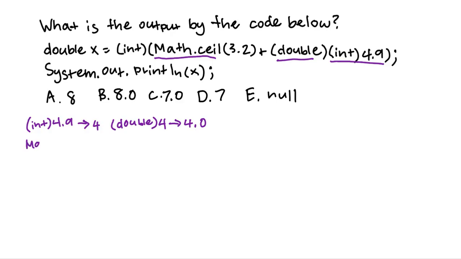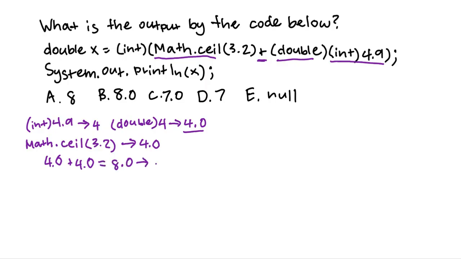So when we have math.ceil 3.2, this gives us 4.0 as a double since we rounded up. Now we have to add 4.0 from here plus 4.0 since the operation we have here is addition, and that equals 8.0, which is still a double.